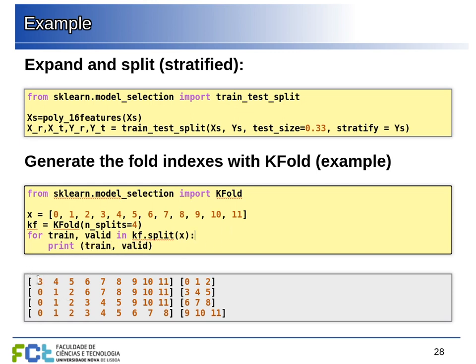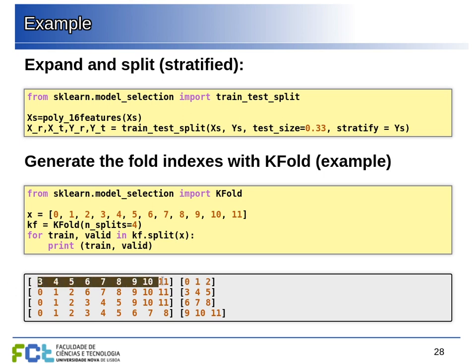So this tells us first to use the first 3 elements for the validation set, and the remainder for the training set. But then it exchanges, uses the 3, 4, 5 on the validation set and the others on the training set, and so forth.